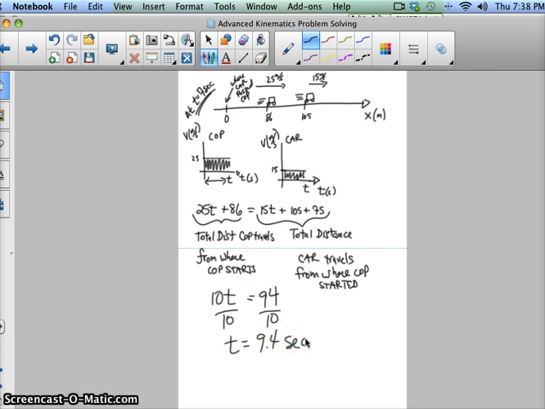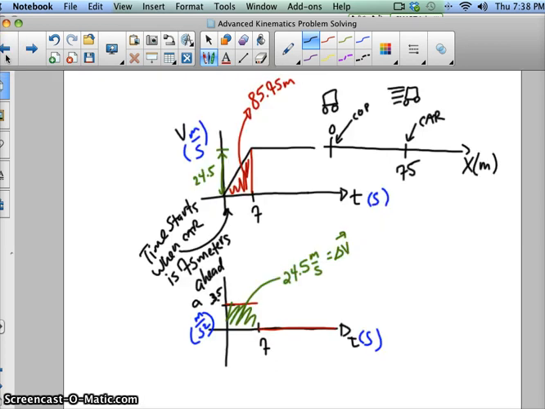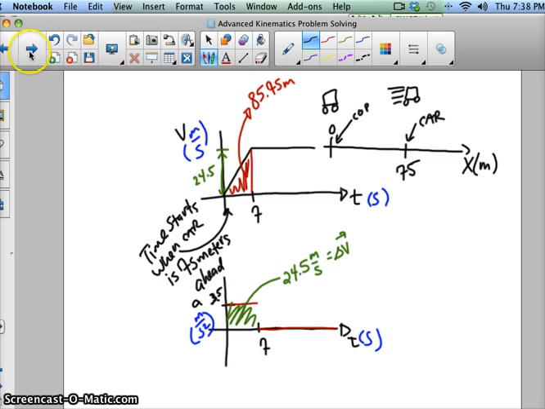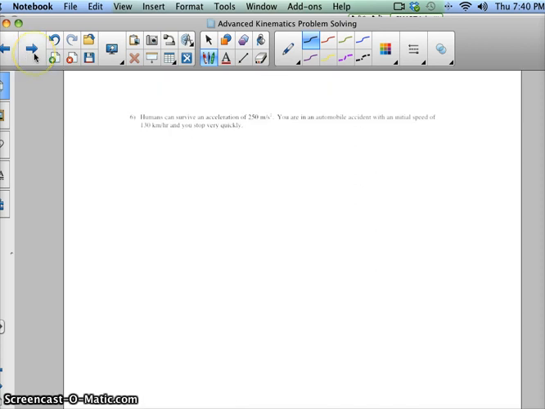Now, if you add 7, this is how much time after our 7 seconds. So if we go back to our original graph, in the first 5 seconds, the cop hasn't moved yet.